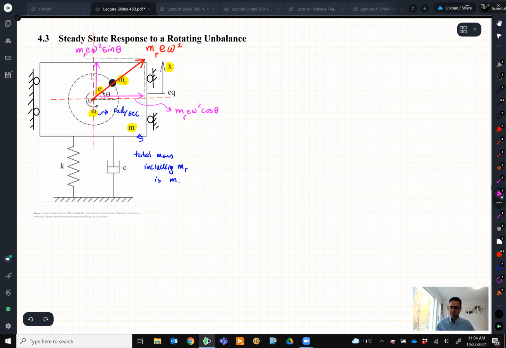This vertical one, as this mass is rotating, creates vibration because at one moment it is up, another moment it is down. And the amplitude is changing because this angle is changing. Remember, this theta is a large angle. It's 2 pi, it can change from 0 to 2 pi. So you cannot approximate it by 1 or 0 or sine theta equal to theta.